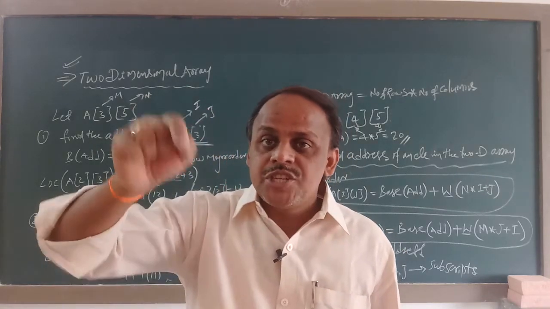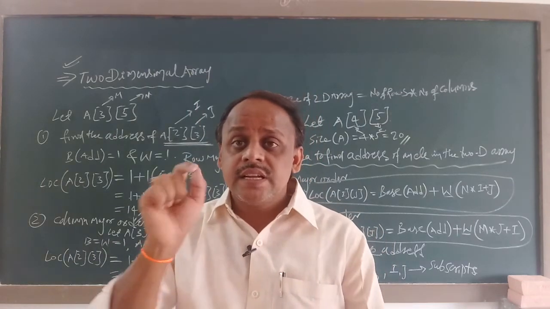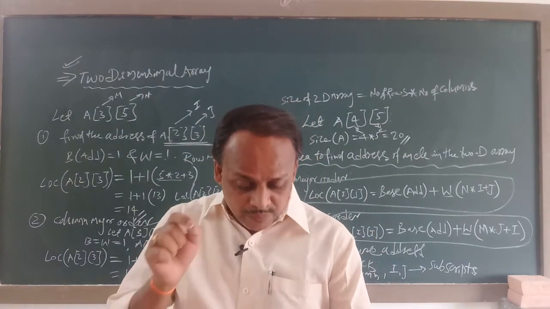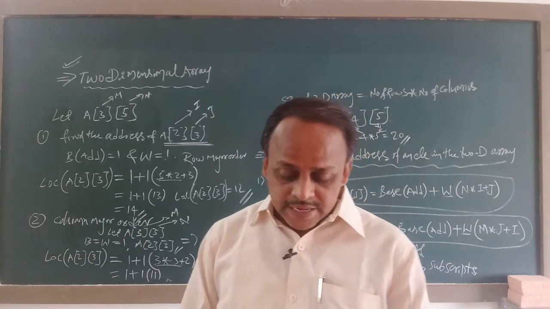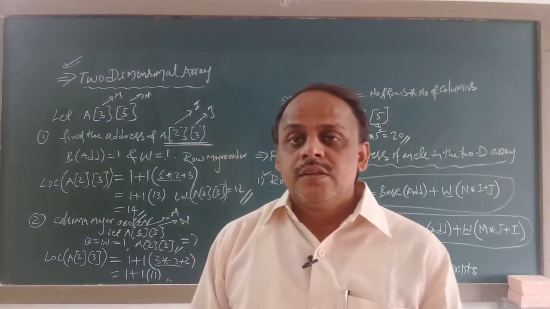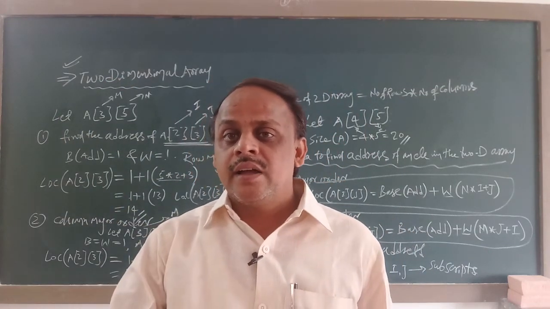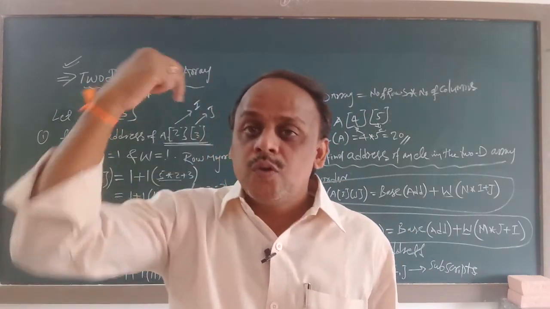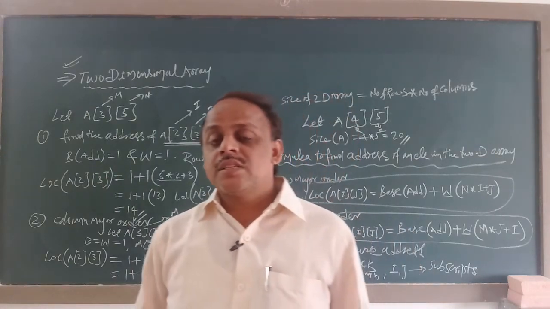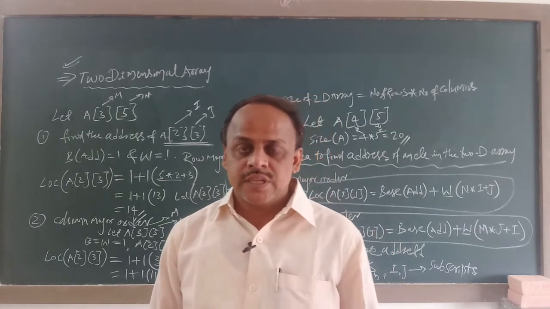Suppose we do not mention the array size in the declaration, then it is not working. So we have to know in advance how many elements are going to be filled in the array. This is the first disadvantage.